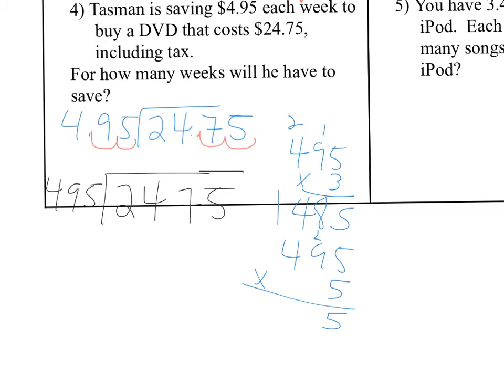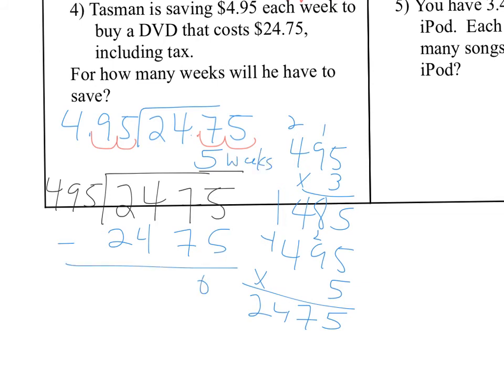Carry the 2. 9 times 5 is 45, plus 2 is 47. Carry the 4. 4 times 5 is 20, plus 4 is 24. So it goes in 5 times. And then we remultiplied. So it's going to take him 5 weeks to save. So we say 5 weeks. Okay?